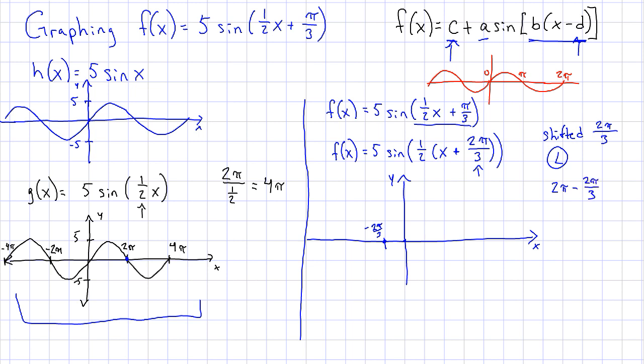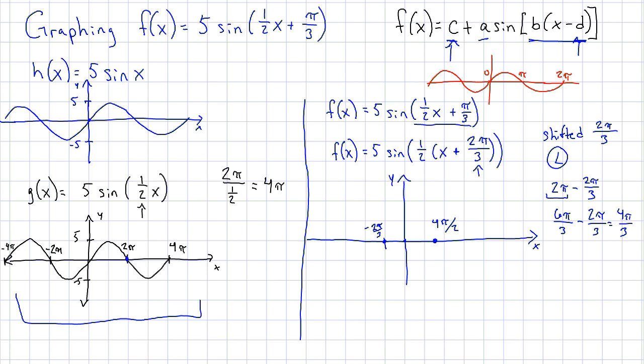In order to subtract my fractions here, I'm going to change this 2 pi into 6 pi over 3. So I have 6 pi over 3 minus 2 pi over 3. That's going to give me 4 pi over 3. So I'm going to call this point 4 pi over 3.